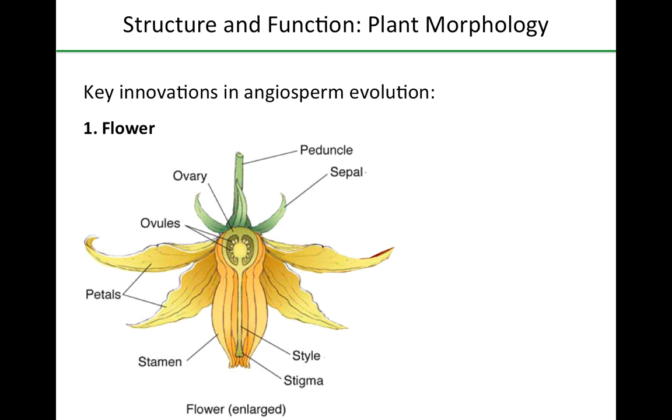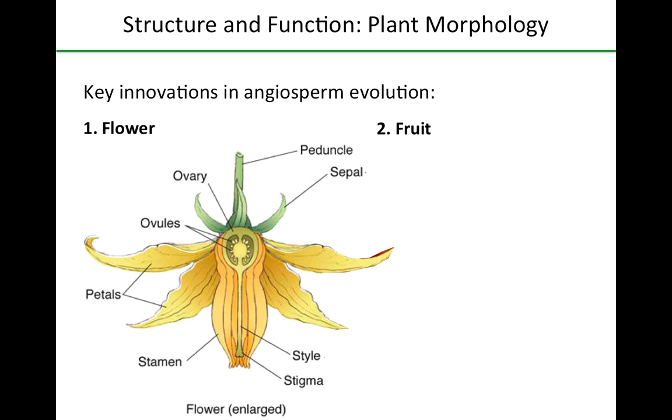All right, so here is just another example of a simplified diagram of a flower. And so the next trait that I want to talk about is the fruit. The fruit is very closely tied to the flower.